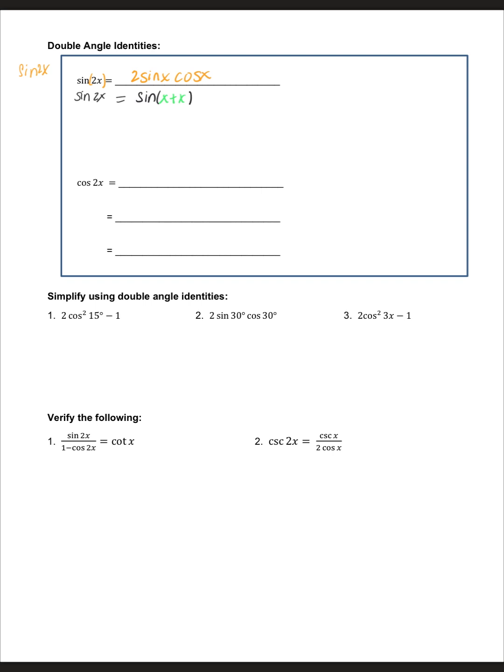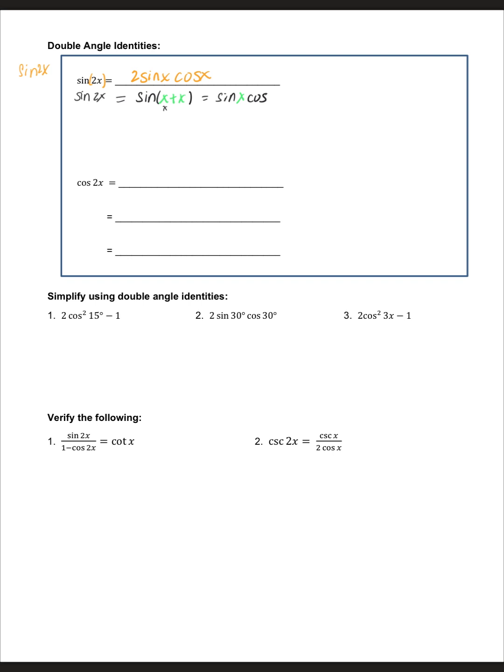So now what I want to use is the sine sum identity. And I know that when I have that, I have sine 2x equals sine of x cosine of x. Well, it's really y. Sorry, I should have done that.